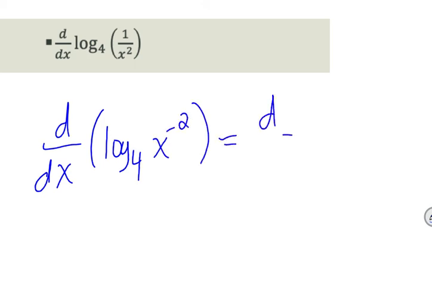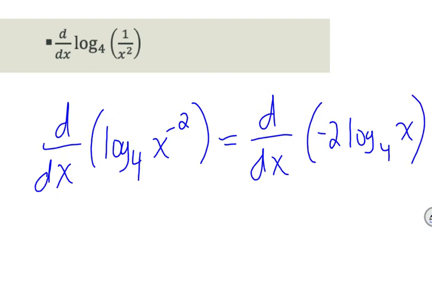And then we're going to move that out front. So the derivative of negative 2 log base 4 of x. Okay? And even if you went about it the other way and you just did 1 over x to the negative 2 times the derivative of that, it would all simplify to be the same thing, but usually doing this is easier. It's fewer steps.